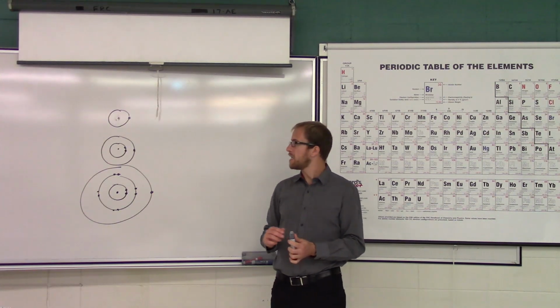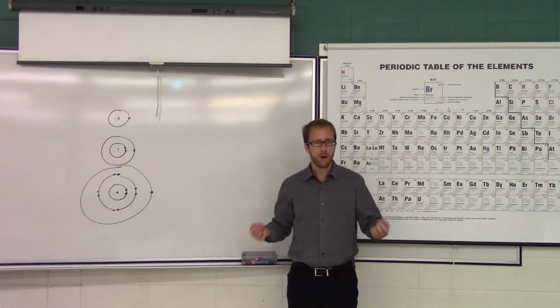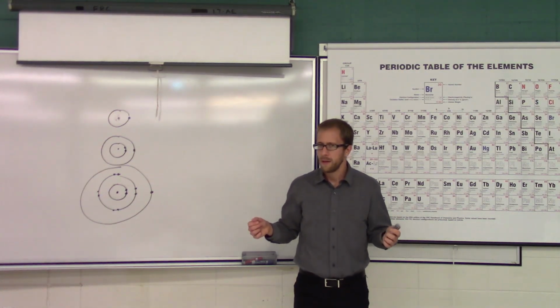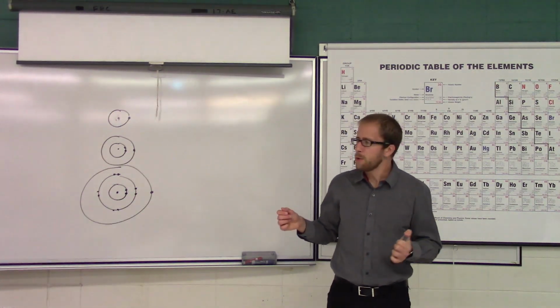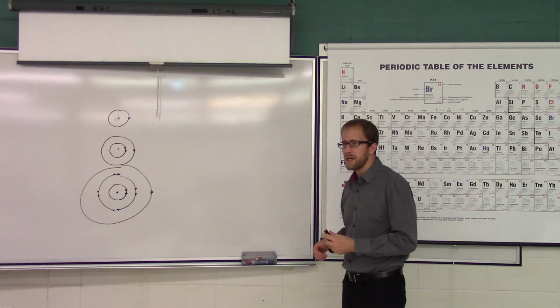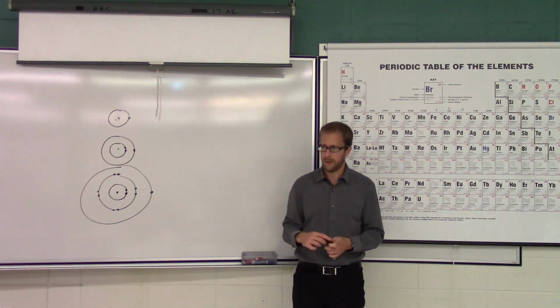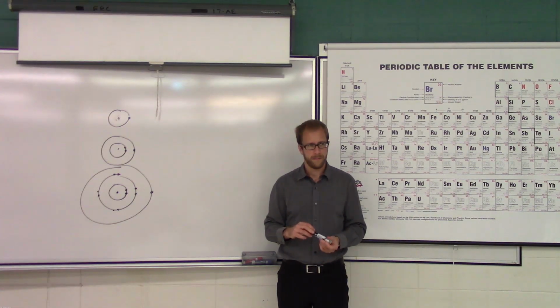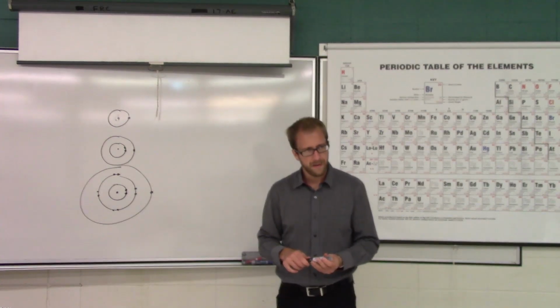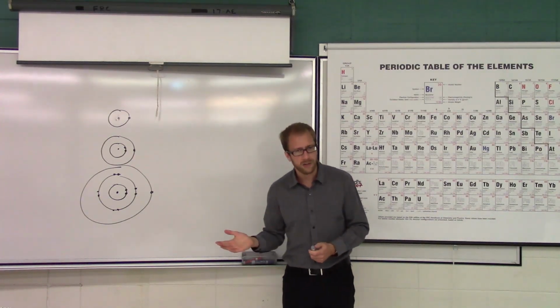So for those of you that did the Bohr diagrams assignment, pull that out right now. Tell me, what do you notice about the alkaline earth metals, that second family? Yeah, there's two valence electrons, right?